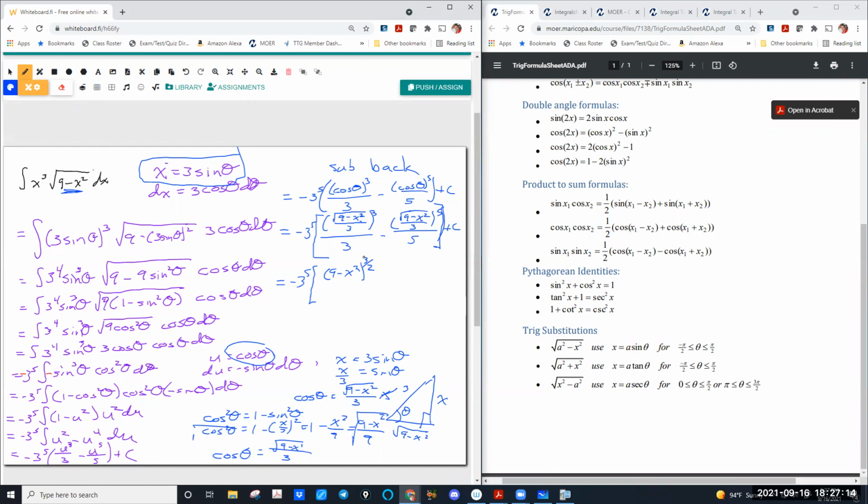Cubing it is to the 3rd power. Multiply those together, you get to 3 halves. This is going to be a 3 to the 3rd divided by another 3 is 3 to the 4th. Minus, right here, same basic thing, right? 9 minus x squared, except it'll be to the 5 halves over 3 to the 5th times 5 plus c.